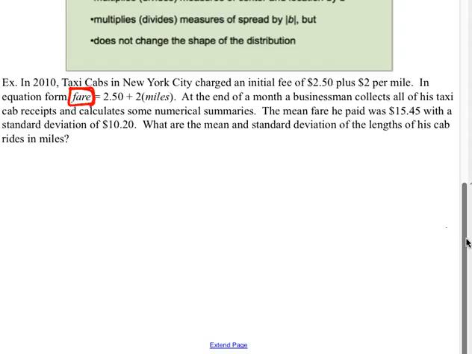So if the mean fare he paid was $15.45, and this is the equation, what that's telling me is to find the average length, the average miles he went, all you have to do is follow those operations, right? Take that 15.45, subtract the 2.5, and divide by 2.